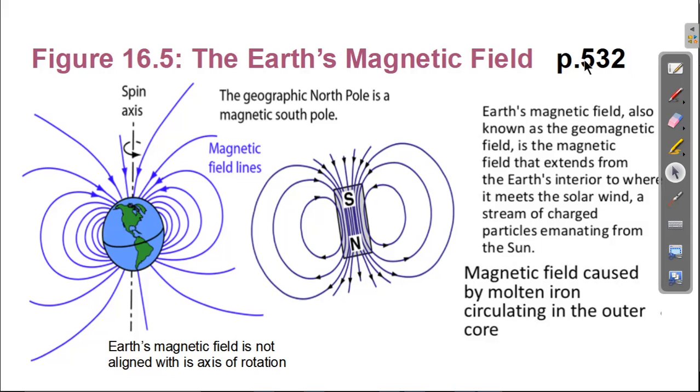So if the solar wind reaches up to here, that's how far the magnetic field goes. But remember, geographic south is magnetic north. So lines come out of here and come in at the top. That's all you need to know about that.